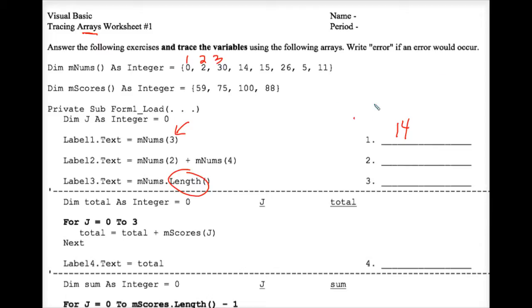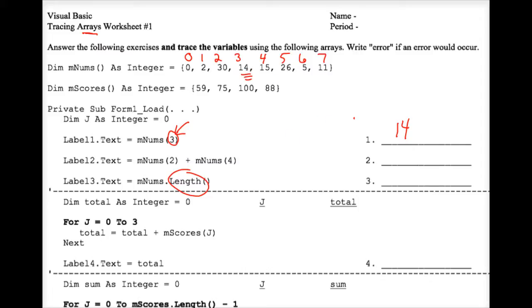No, that's totally wrong. The people that make that mistake, they're not carefully labeling the subscript numbers above the positions in the array. And if you start with 0 and label correctly, you'll see that position 3 is really the fourth number. 1, 2, 3, 4. It's really the fourth number.